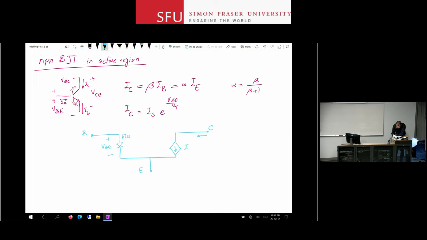So this IC is beta IB or IS times e to the VBE over VT. So I look at the left side of this device, I see whether I have IB or VBE, whichever I have, I can find IC based on that. So this is IC.